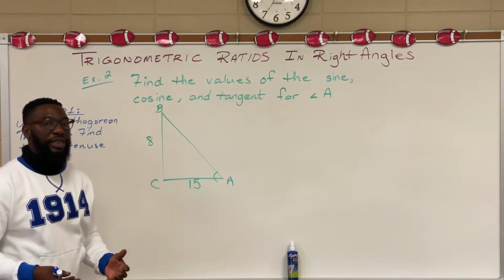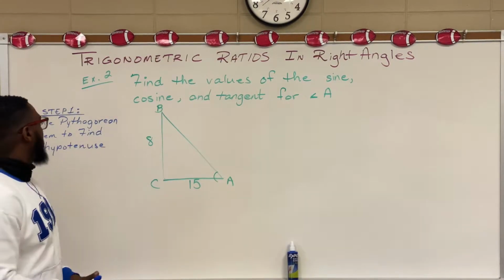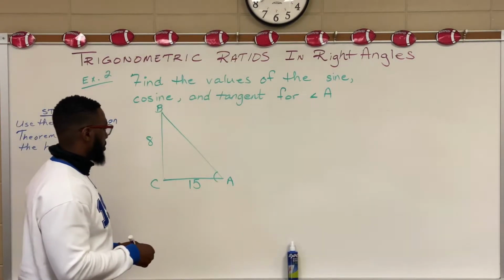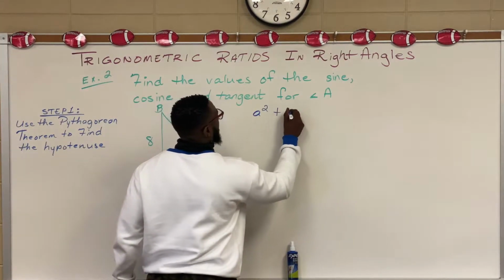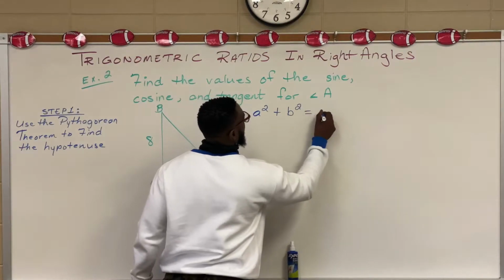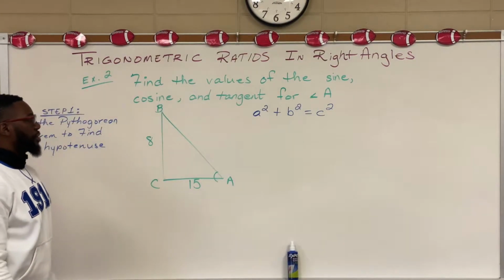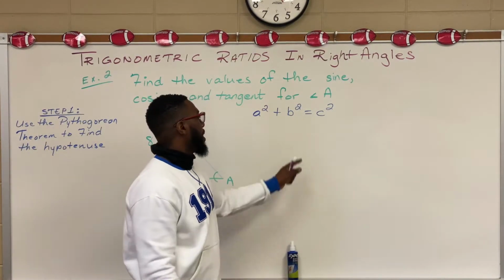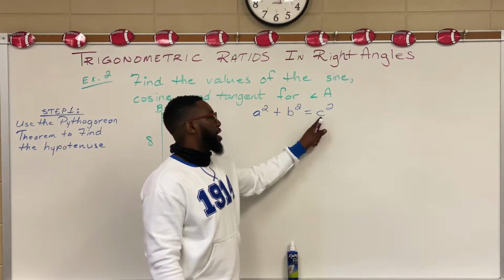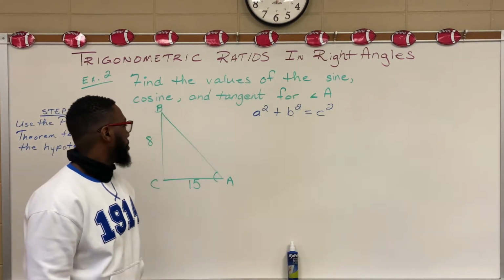So whenever we're missing the side of a right triangle, we use the Pythagorean theorem, which is a squared plus b squared equals c squared. A and B represent the legs. C, or whichever variable is on the right side of the equal sign, represents the hypotenuse.